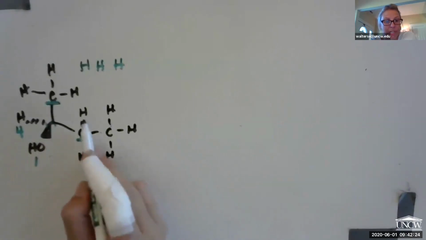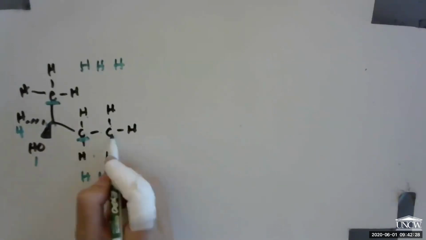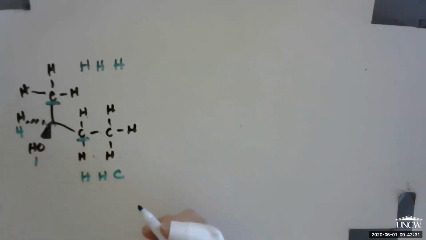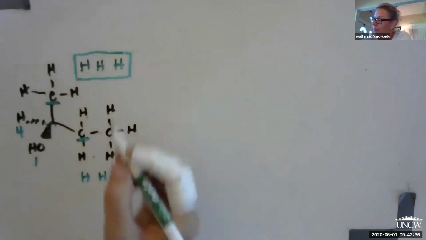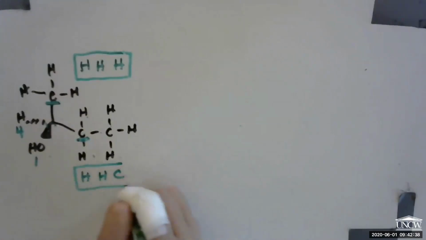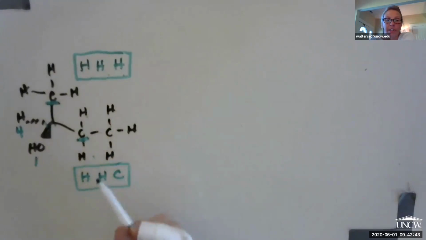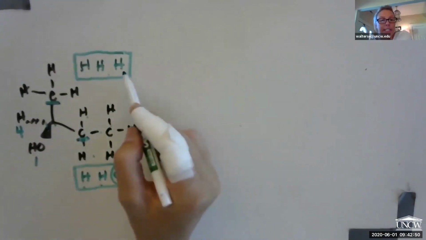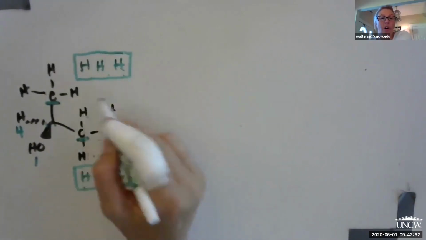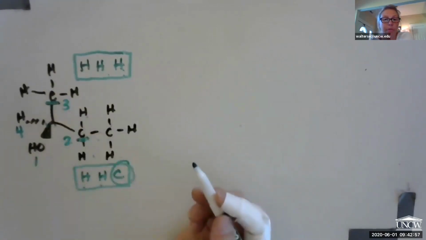So this carbon is bonded to these 2 hydrogens and this carbon. It's kind of like when you're playing war, the card game, except you can cheat. So you have hydrogen, hydrogen, hydrogen versus hydrogen, hydrogen, carbon. And since carbon beats hydrogen, this whole group becomes 2, and by default, this one 3.